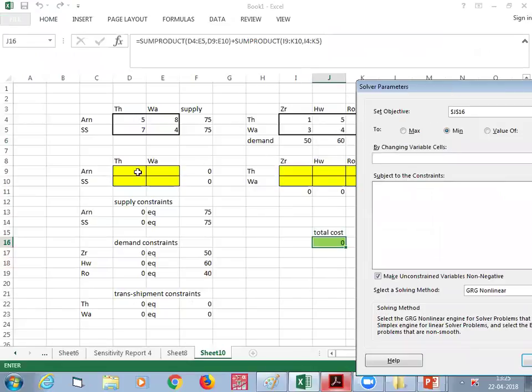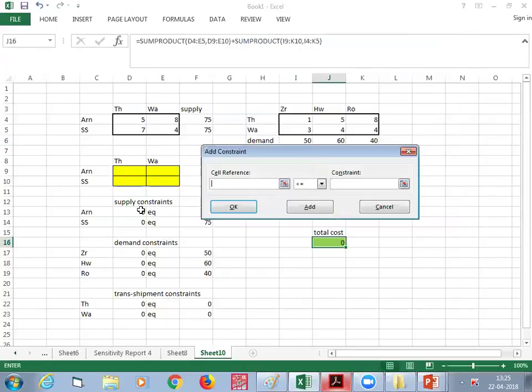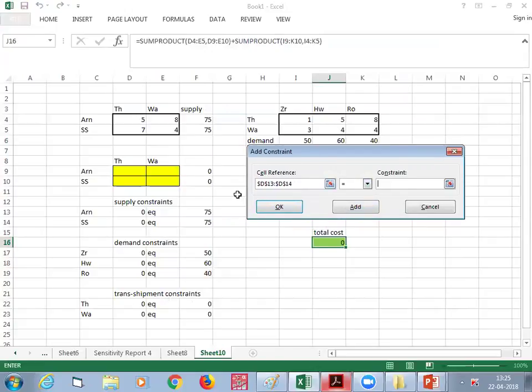Now we have 2 sets of variables, so you have to be careful. This set of variables, comma, this set of variables. So just a simple comma will do to separate them. And constraints. What are the constraints? Well, these are supply constraints. I'll put equal to everywhere just to make it simpler. Right?